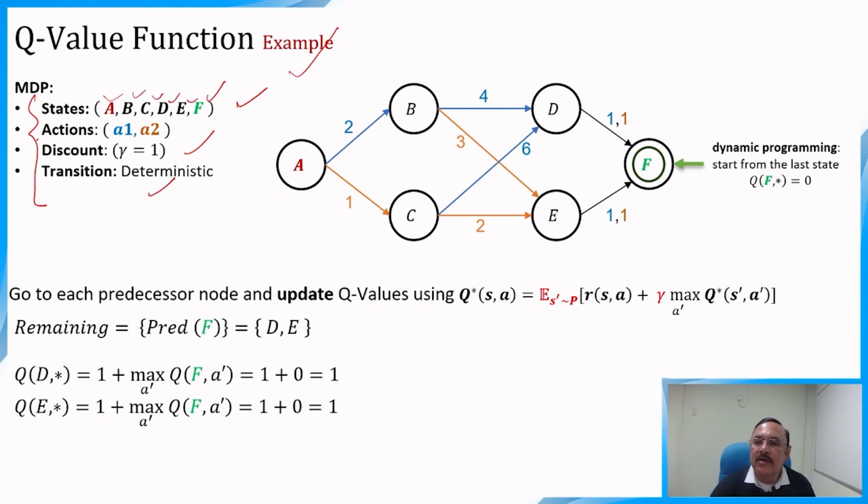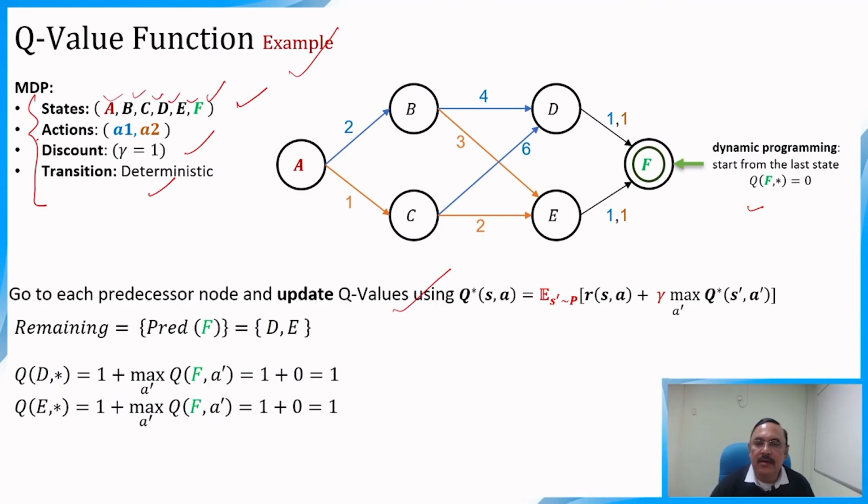So, let us see the dynamic programming. You start from the last stage, where the q value of the final state F star is equal to 0. Now you go to each predecessor node and update the q values using q star S, A with this Bellman equation.